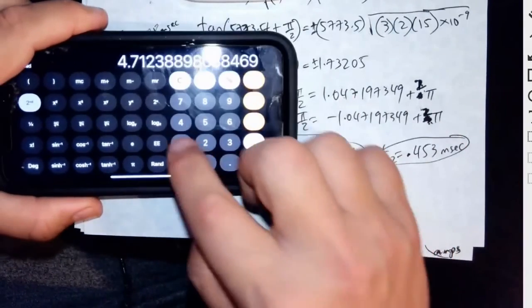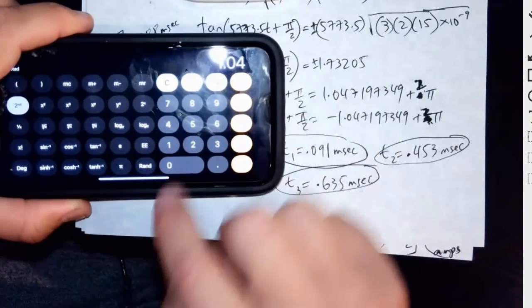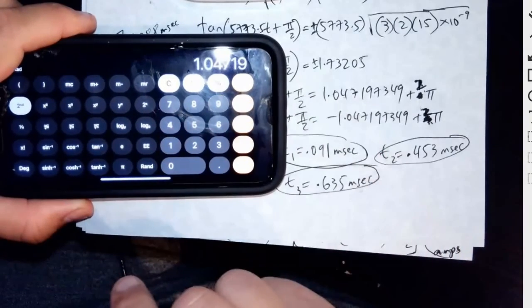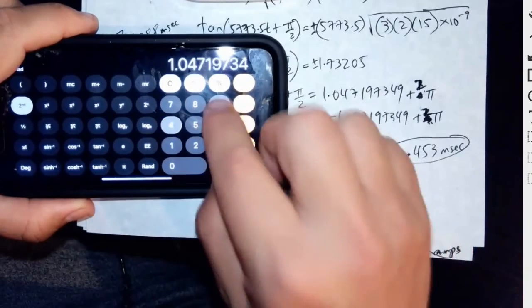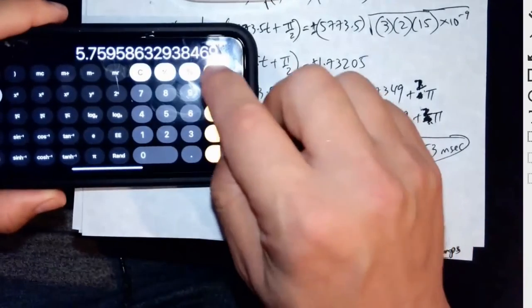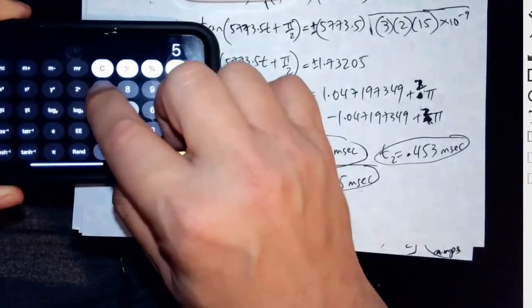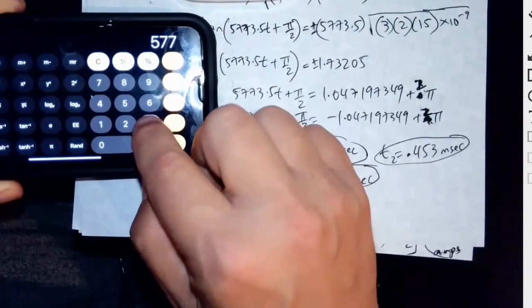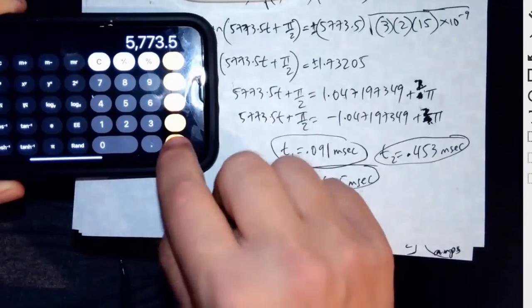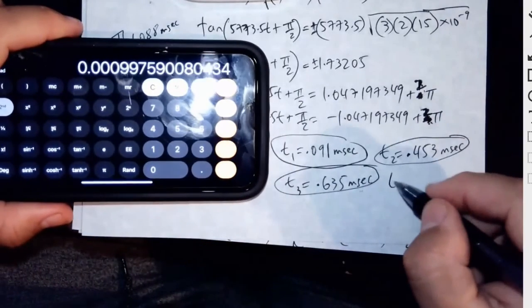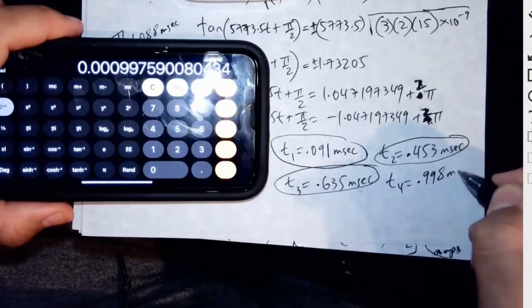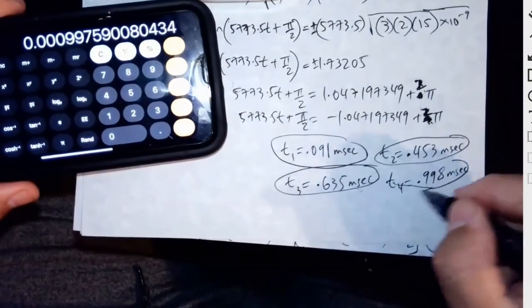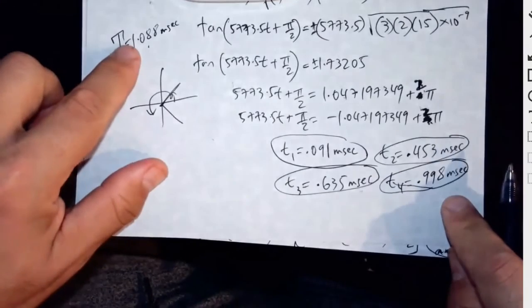Plus 1.047197349, divided by 5773.5. That's 0.998 milliseconds.